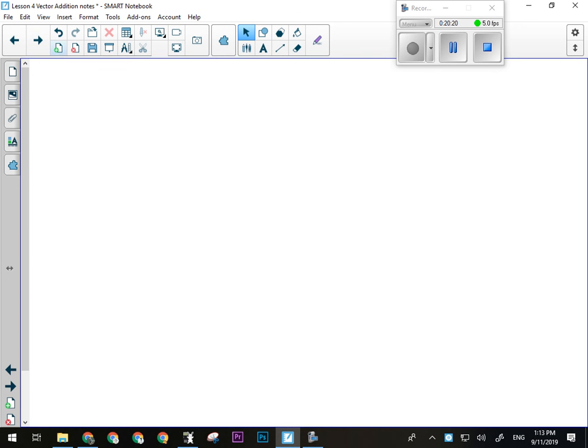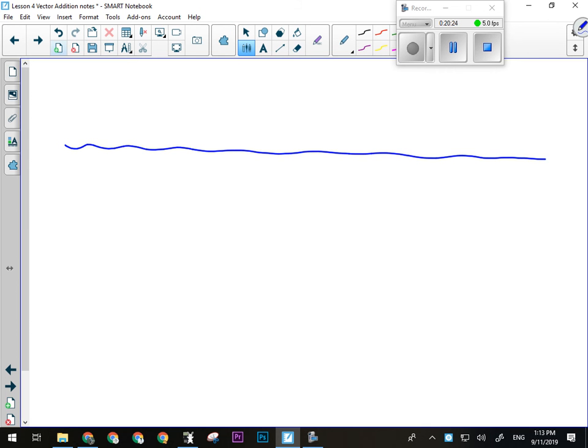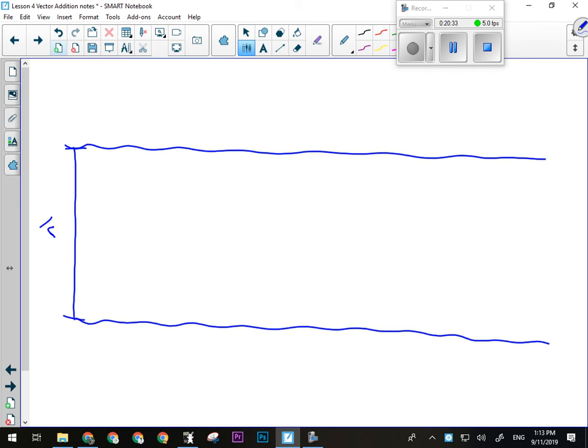Okay, so let's try this. Let's say I've got this river here. I know that this river is 150 meters wide. Here's the other information I have.